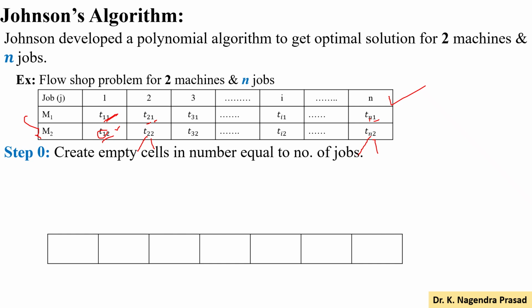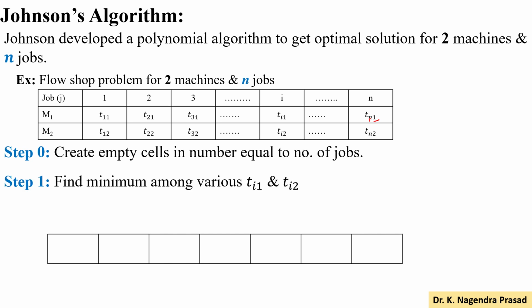So it is the first step. Step 0 is to create empty cells equal in number to the number of jobs. So first we have to create the empty cells, the size of which is equal to the number of jobs. And next step 1 is to find the minimum processing time among the various Ti1 and Ti2.